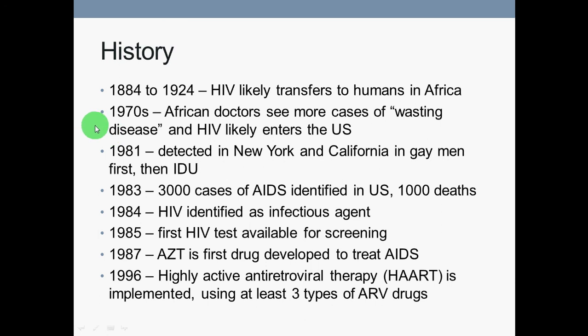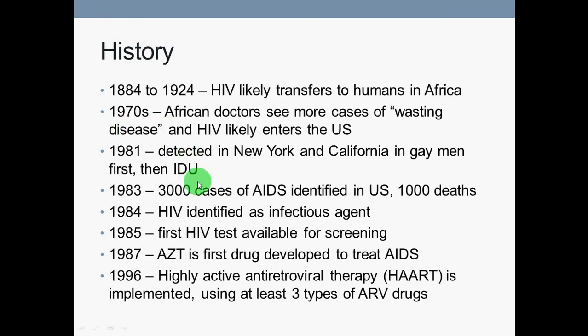It's when African doctors started seeing more cases of what they called wasting disease. The early symptoms of HIV include weight loss and things like that, so that's why they called it wasting disease. The 70s is likely when HIV entered the U.S.